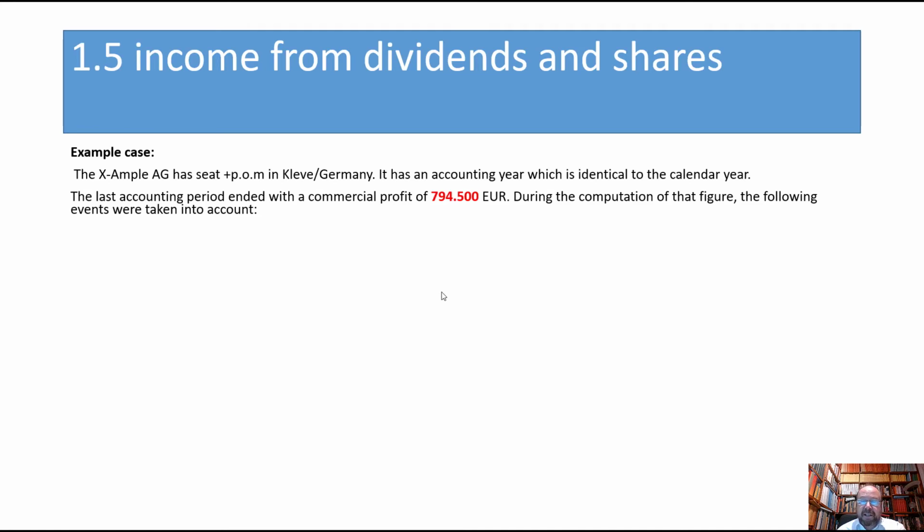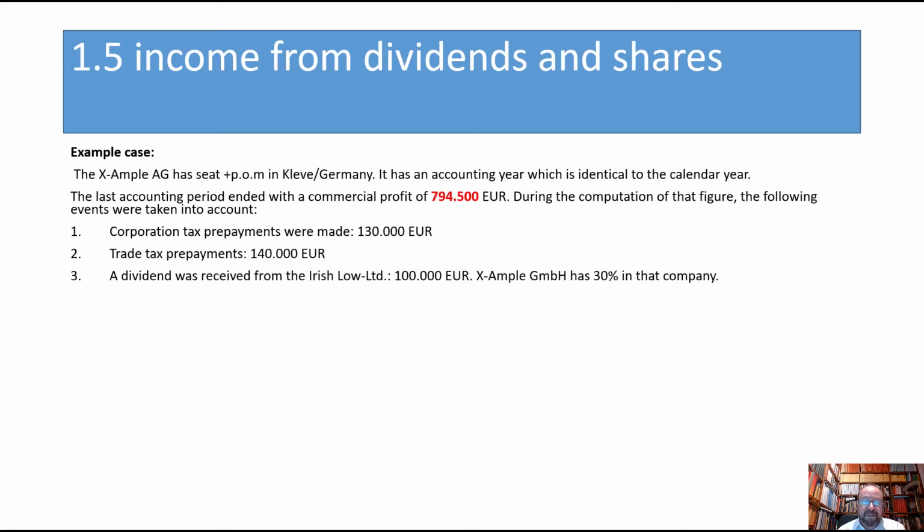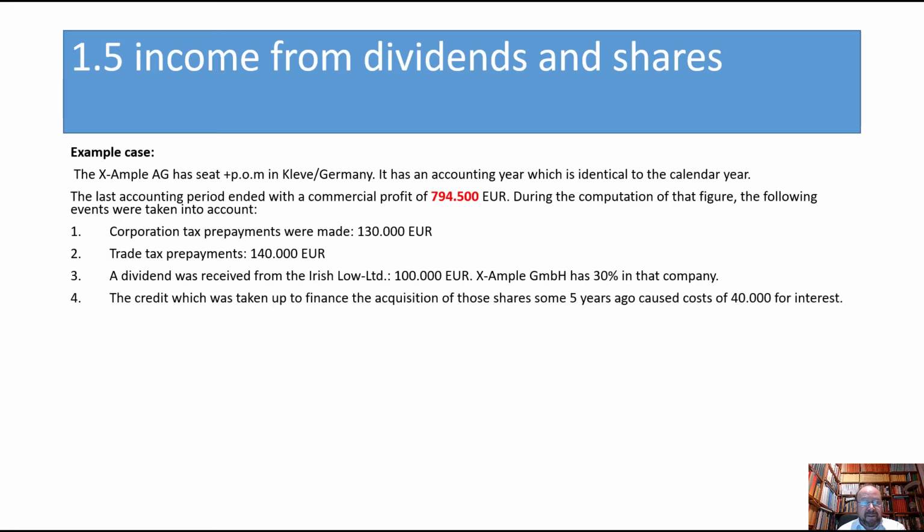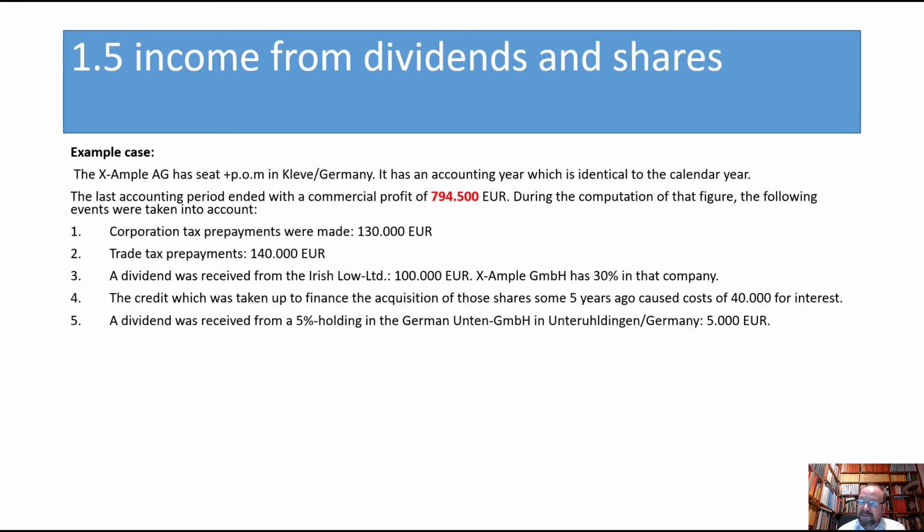790,500. And during the computation of that figure, the following events were taken into account: corporation tax payments, trade tax payments, a dividend was received from an Irish limited, 30% participation in play, then a credit which was taken up to finance that acquisition some years ago caused expense of 40,000 interest.